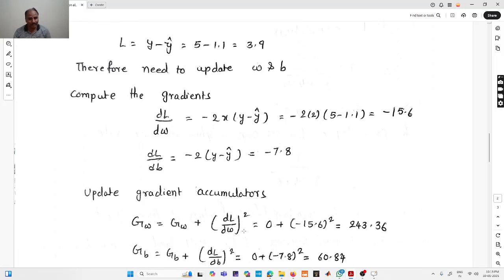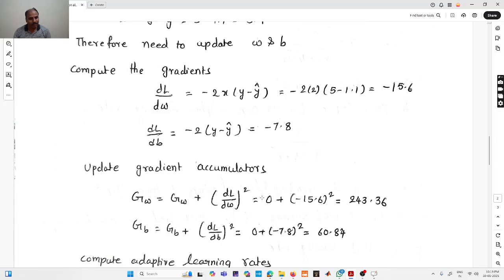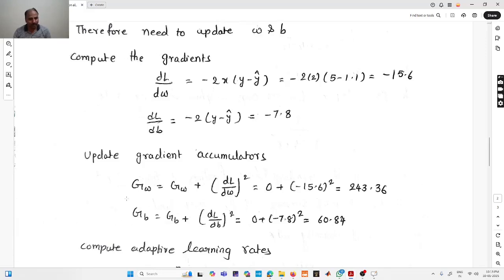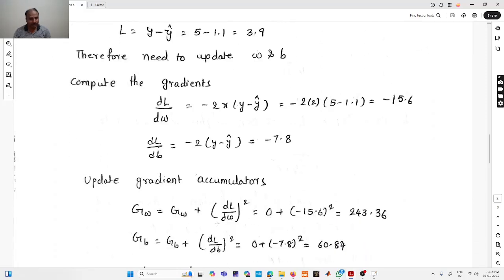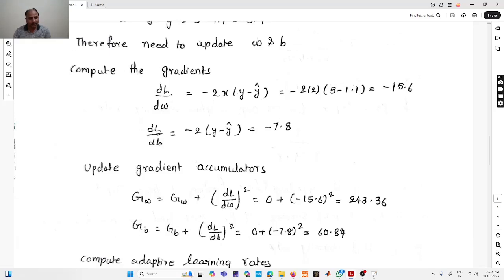There, we write W new equals W old minus alpha into dou L by dou W. But here the formula is somewhat modified, because we need to place the learning parameter for each weight and bias individually. Therefore the formula arrived is G_W equals G_W plus dou L by dou W whole squared. G_W we have initially taken as 0. Substituting all the values, I get 243.36. In parallel, the gradient accumulator for the bias is also calculated.